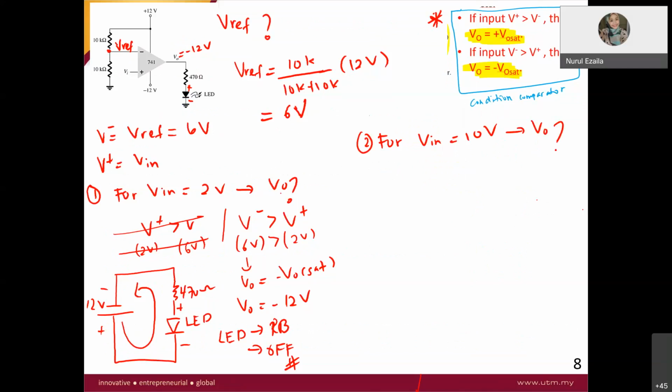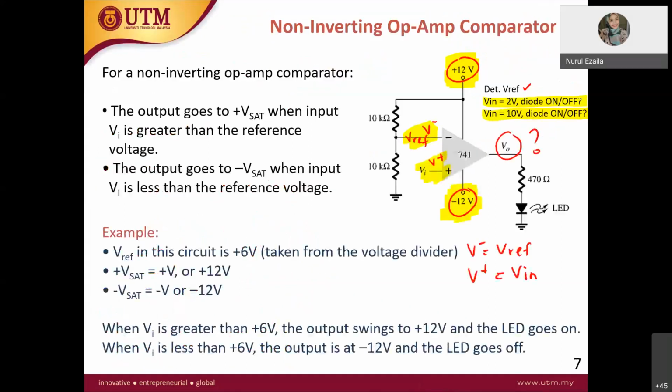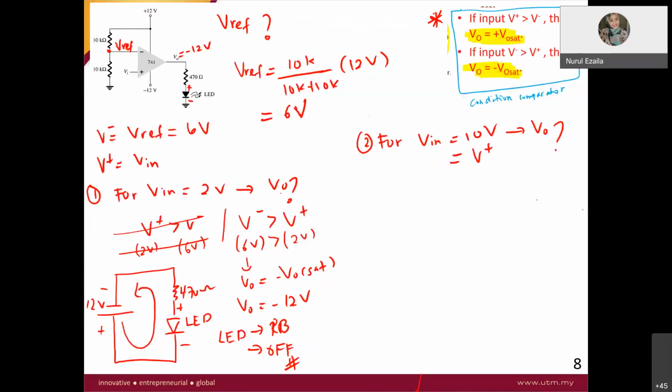In this case, V in is V plus, and V reference, which is 6 volt, is the V minus. Now V in, which is V plus, is greater than 6 volt, so your condition becomes V plus greater than V minus. Agree with me?